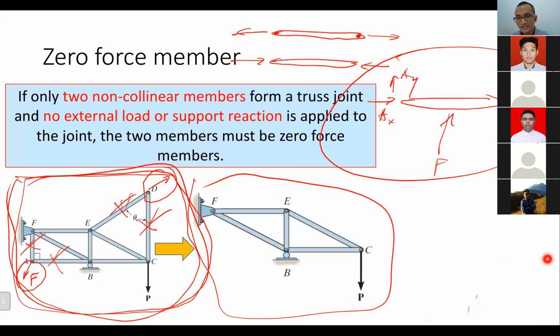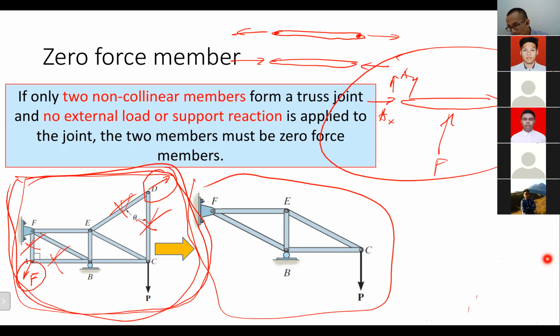This one is not a two force member anymore. Oh, I see, so only on the joints. The two force member, yeah. So whenever we talk about a truss, it only consists of two force members. Okay? Yes, Azhar?